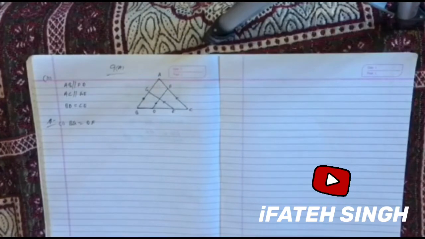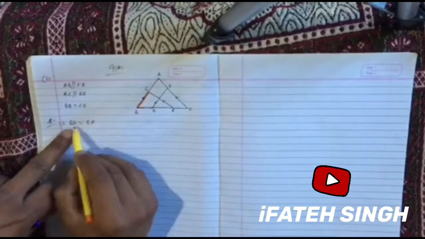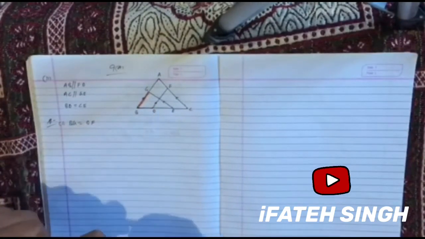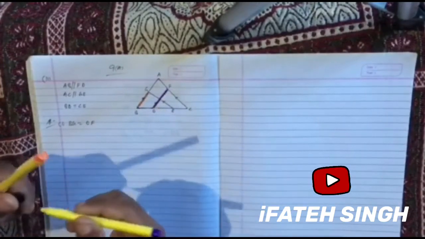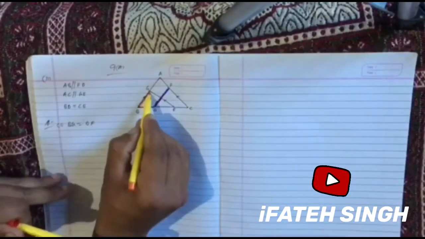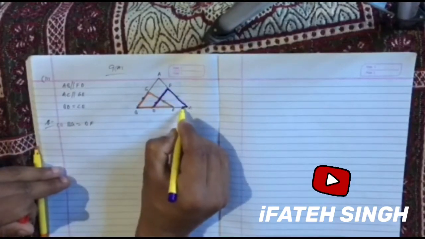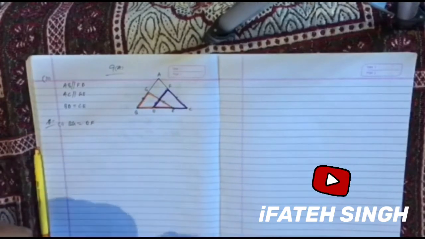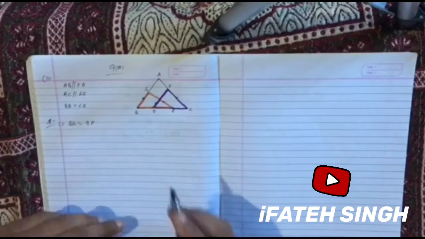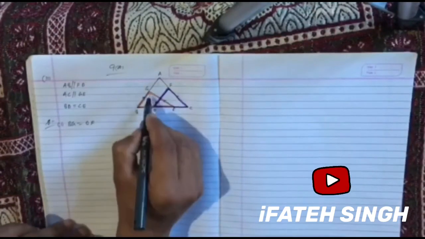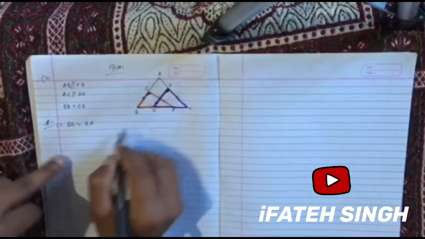First of all, check that BG is the side of this triangle and DF is the side of this triangle. We take these two triangles, first this triangle, and in the second we take this triangle, so that it is clear. Because these two triangles are congruent, it means these two angles are equal, they are corresponding angles.